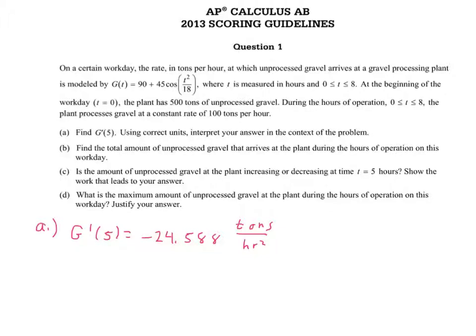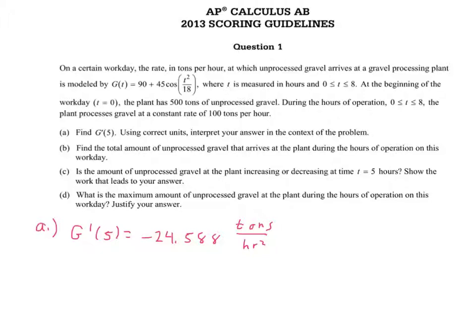So now what is this? G is the rate at which unprocessed gravel is arriving. So the derivative of that will tell us whether that is increasing or decreasing, and also by how much.